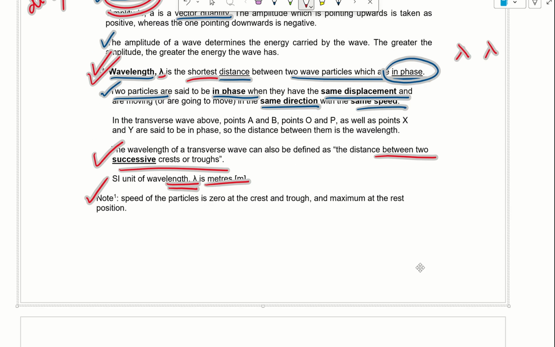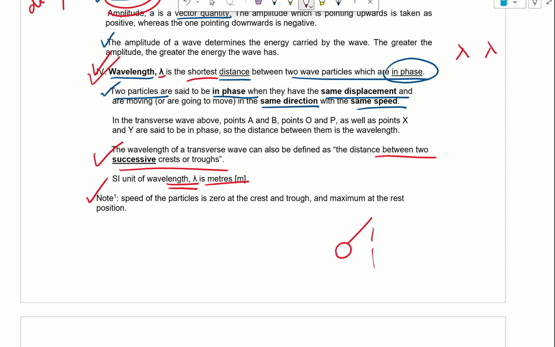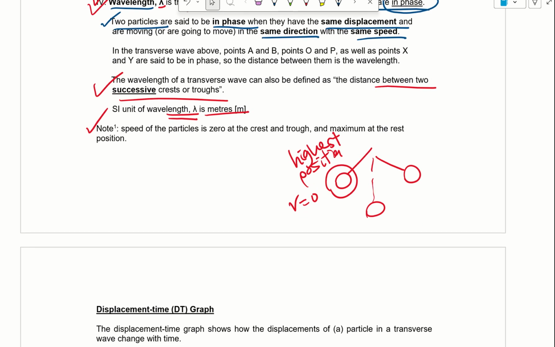So this is something like your pendulum, isn't it? This is your pendulum. So at the highest position, the v is 0. Because if we can link it to our gravitational potential energy, the GPE is max, but the KE is 0.